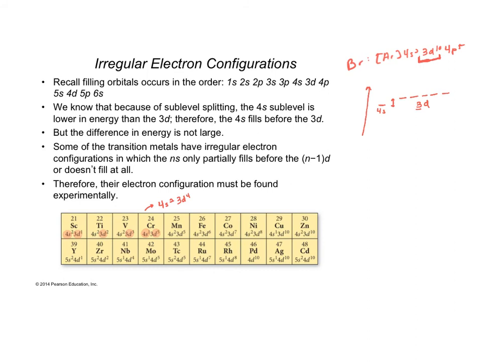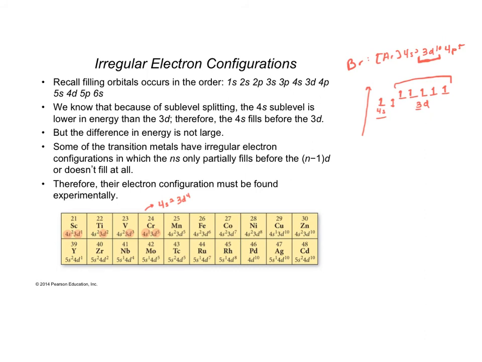The idea behind the 3d5 is that with 5 electrons in the d orbitals, the d shell is filled halfway, and there is a peculiar stability to half-filled shells. So chromium has taken one of the electrons from the 4s and promoted it to the 3d, ending up with a half-filled s shell and a half-filled d shell.